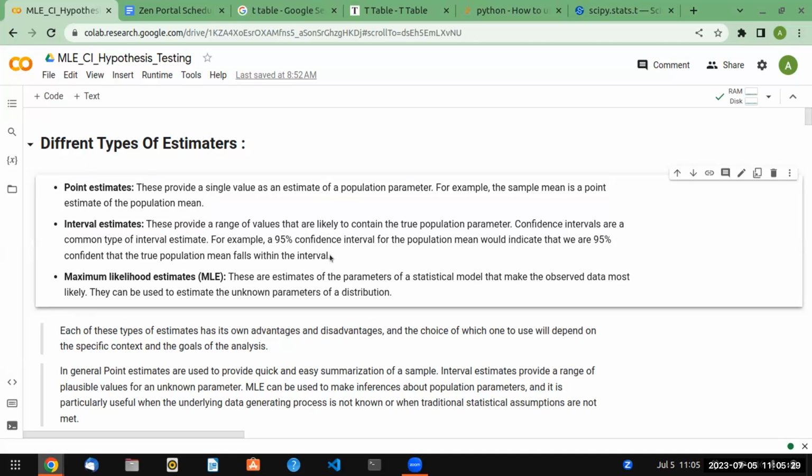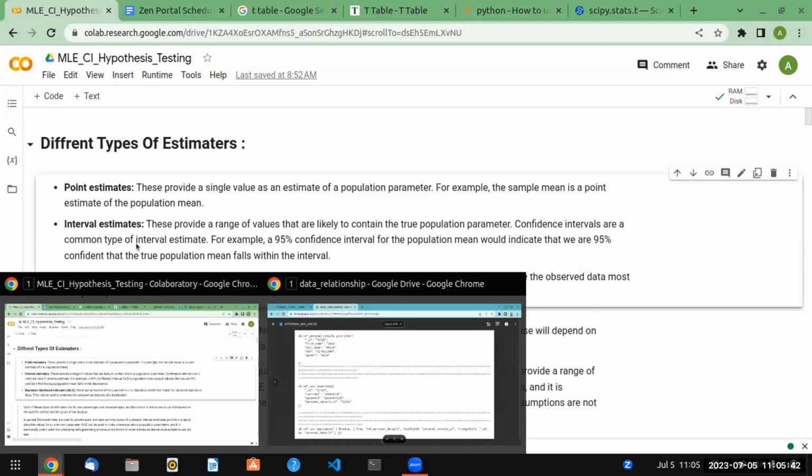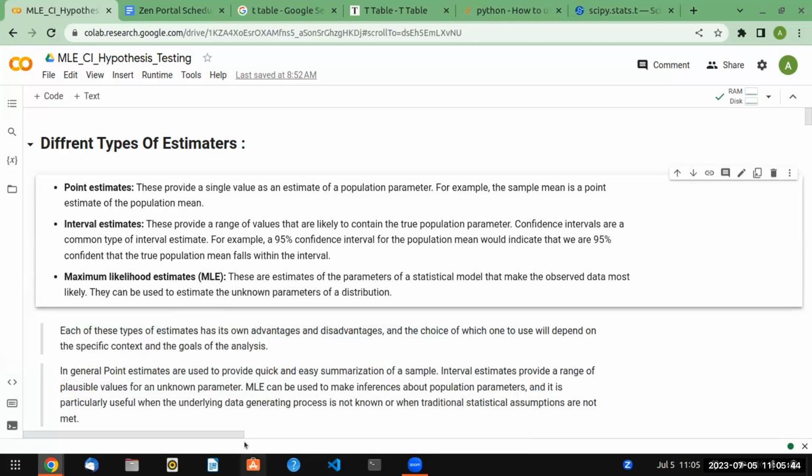So at that time, we need these types of estimators to calculate these points. Right. And point estimates are easy to calculate, something that is not going to change, right?